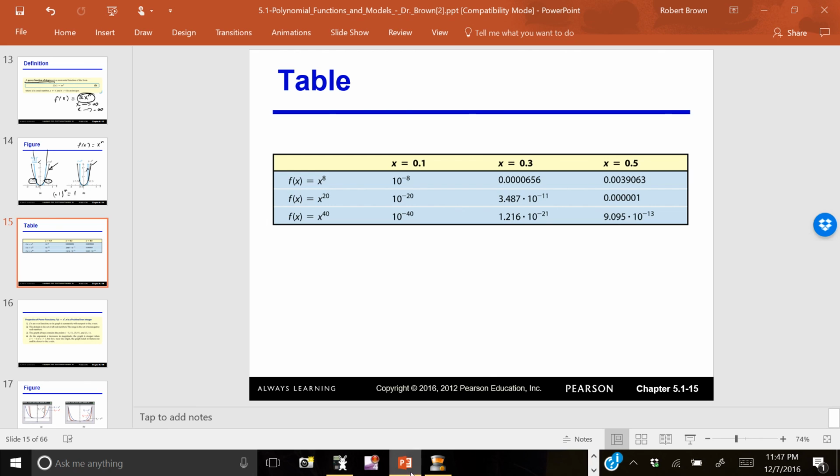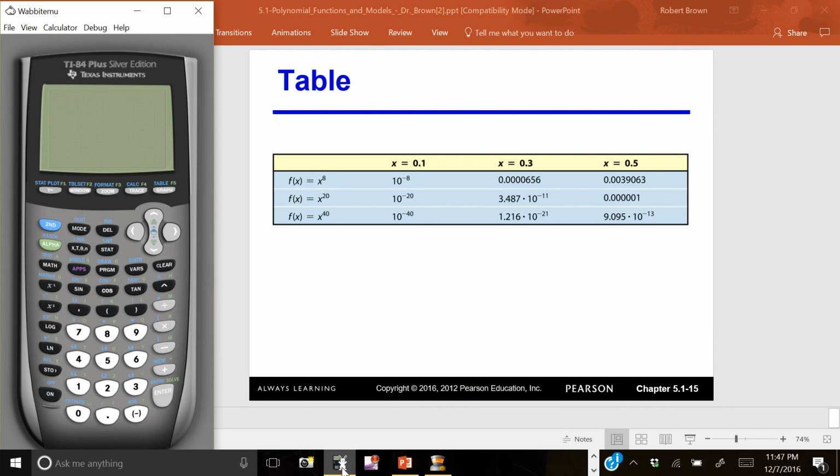I want you to look at the calculator here. For instance, let's put 0.3 in for x to the 20th power. Looks like I need to turn the power on. 0.3 to the 20th power.